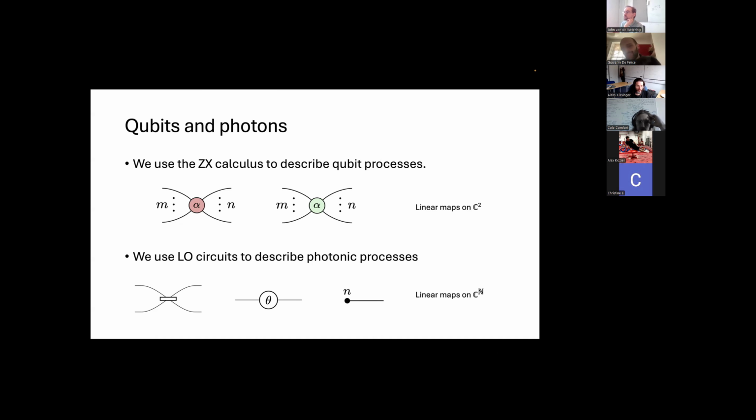So this is infinite dimension, but in all this talk and in the work that we did, we are always assuming there's a finite number of photons. So you can think of these linear optical wires as qubits, just that the dimension of the qubit is not fixed. Depending on how many photons end up there, you need a bigger dimension to represent what's happening.